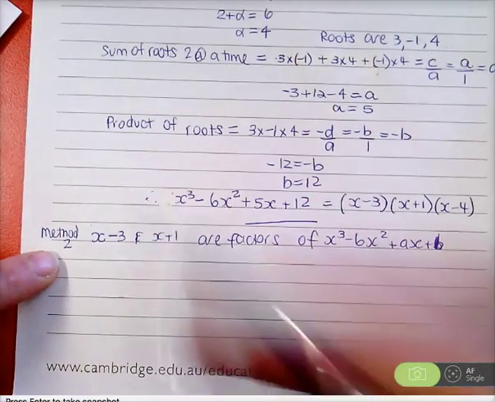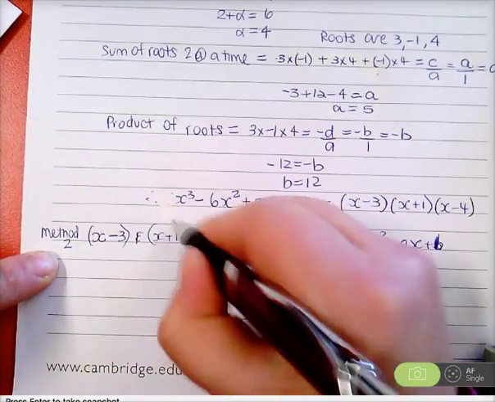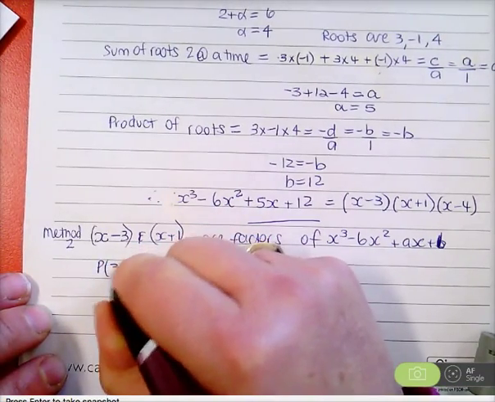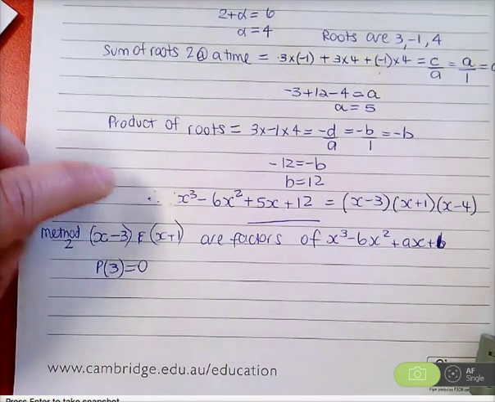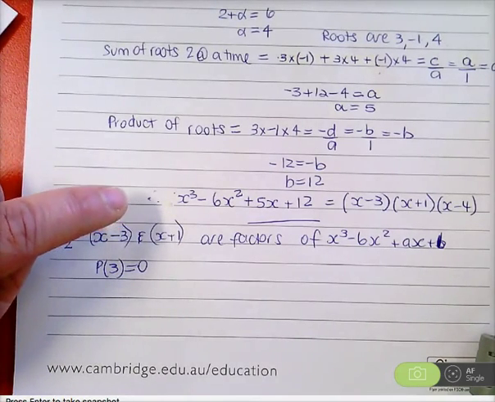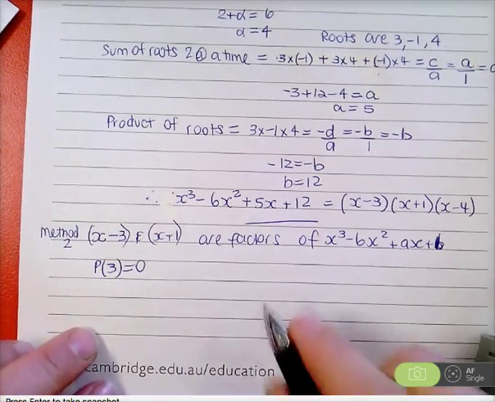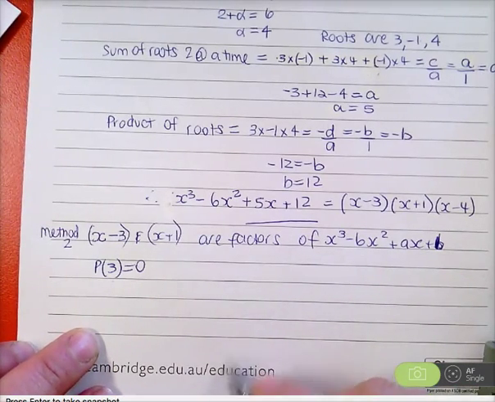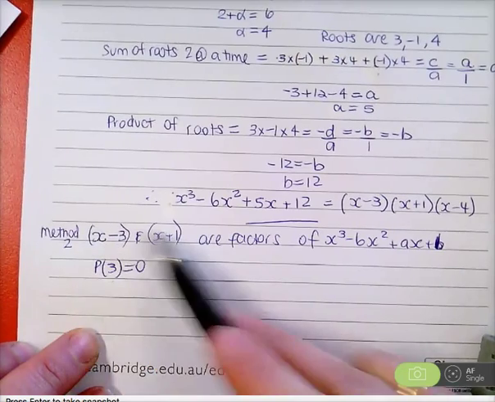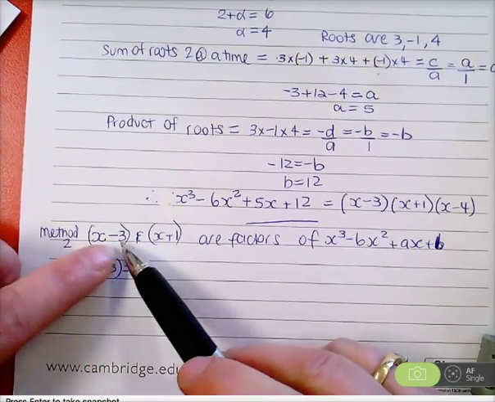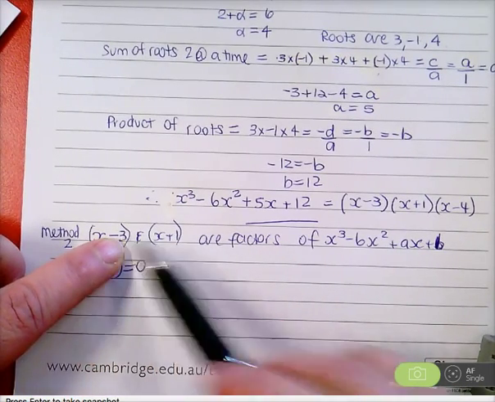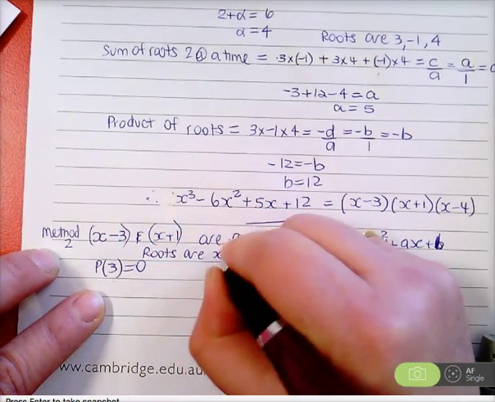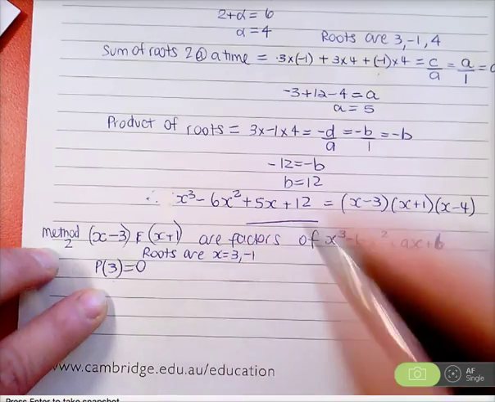This other way down here, if these are factors of that, what I could have done is P of 3 is 0. When I substitute the factor, the root, I get 0. So if you put 3 in there for x's, what do you get? See, if these two are factors, then the solutions to the equation are x equals 3, so therefore the roots or solutions are x equals 3 and -1.